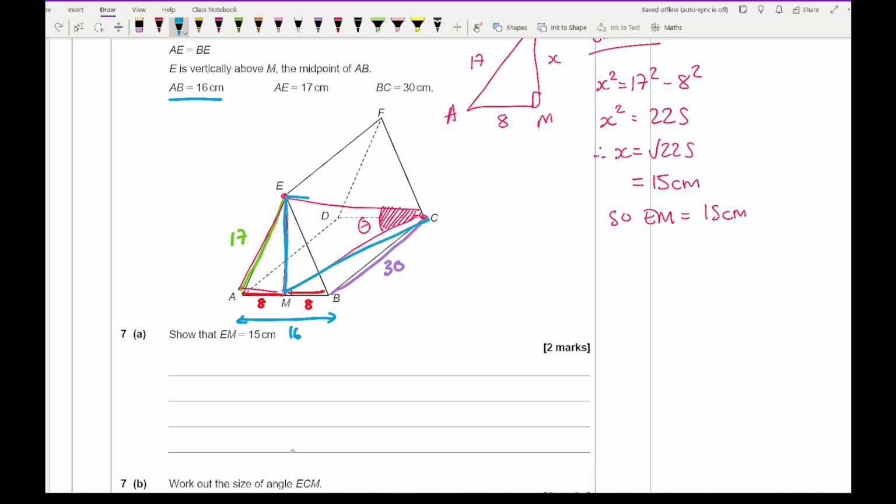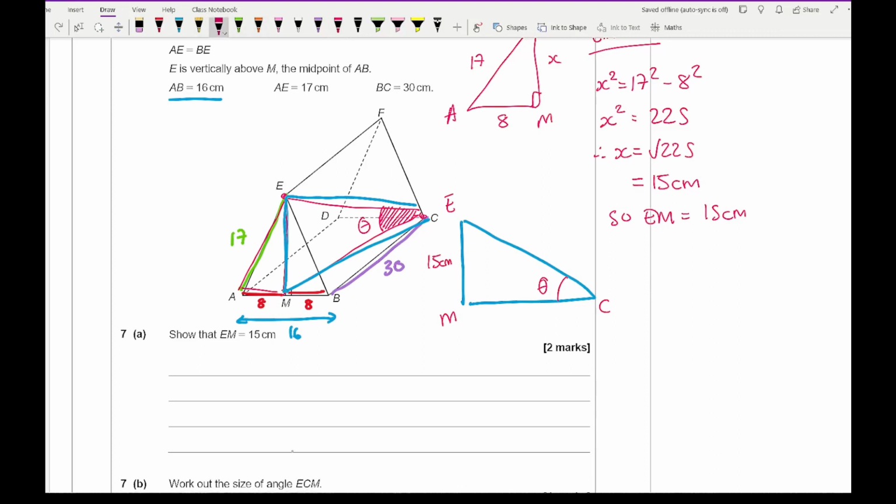If I take this triangle out here, then it's theta, which is what I'm wanting. That's C, that's M, and that's E. Well, I know what E to M is because that's 15 centimeters. So what I need to do then is either work out E to C or M to C.